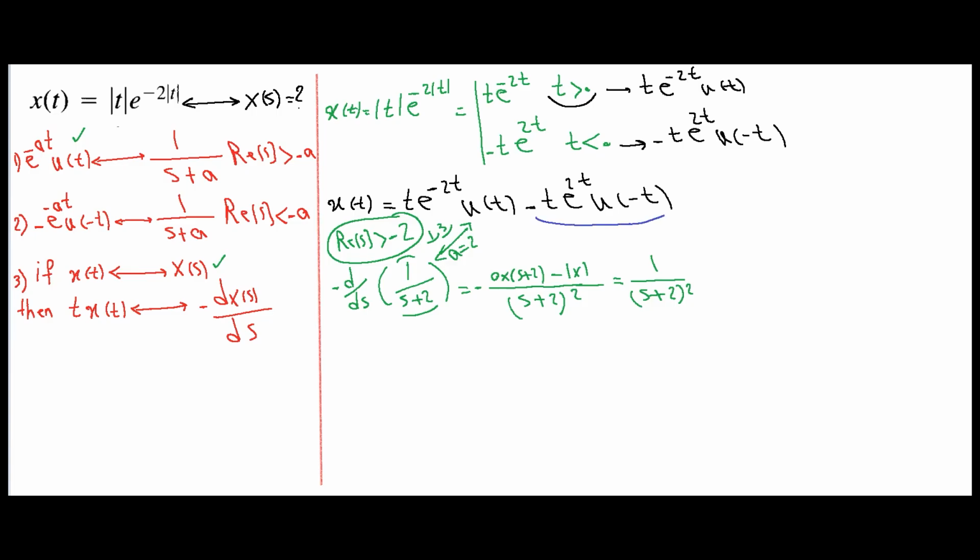Now let's calculate the second term. First, we factor out t and rewrite the expression as shown. Then, using the second property and again using the differentiation property, with a equals minus 2, we can write minus derivative with respect to s of 1 divided by s minus 2.